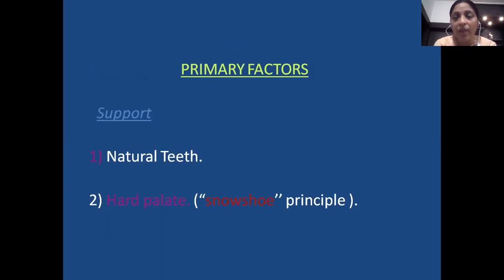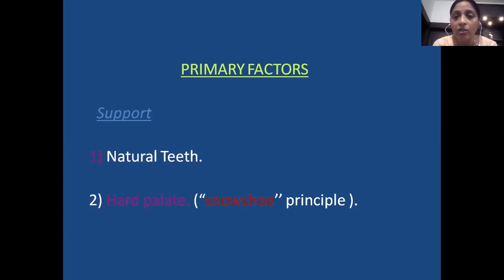It depends on the clinical situation, where we need more support and more rigidity, and where we need less support and less rigidity. As a rule, when an edentulous area is small, then we need less support and less rigidity.